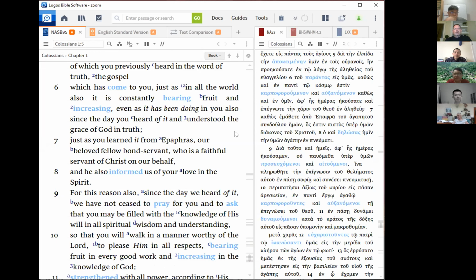Okay. I don't want you to think the New American Standard is trying to add to the Bible by doing this. What they're trying to do, as with any translation, sometimes you need to add more words to make it clear.